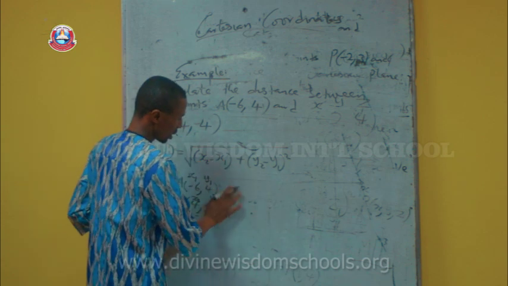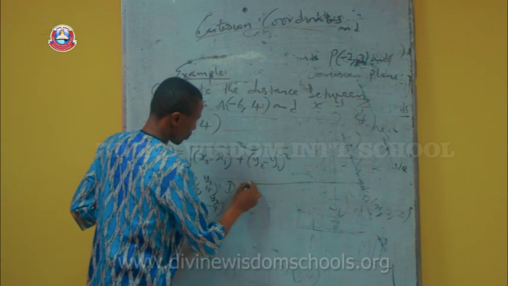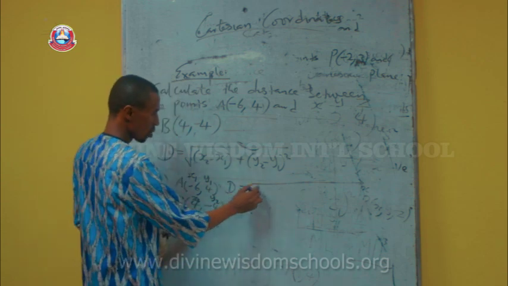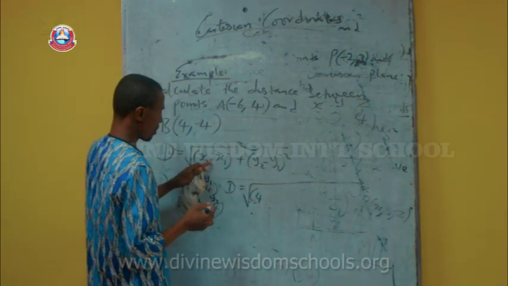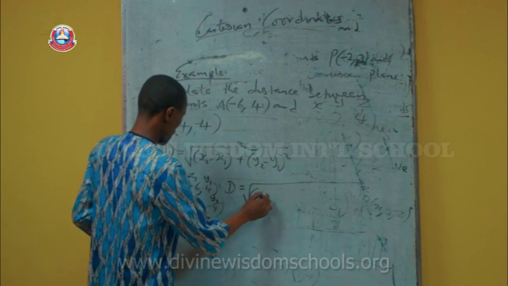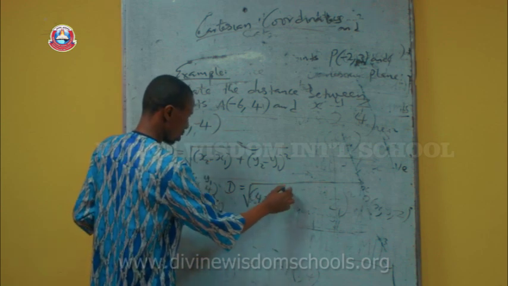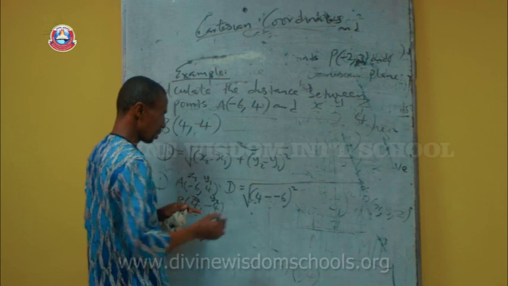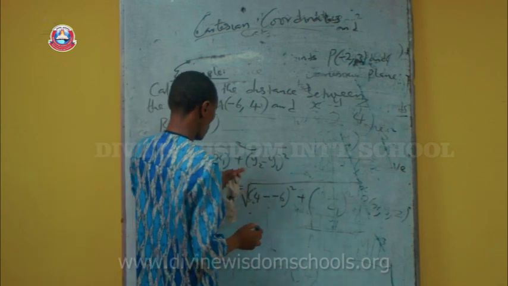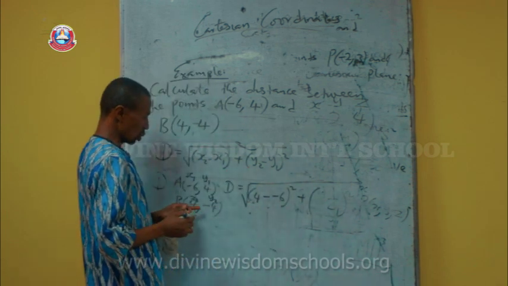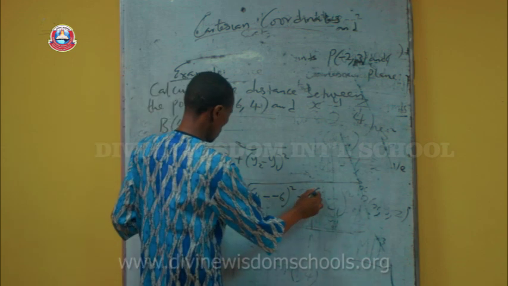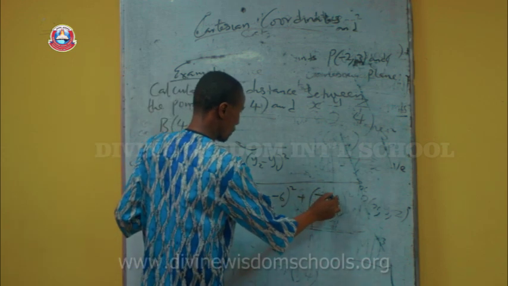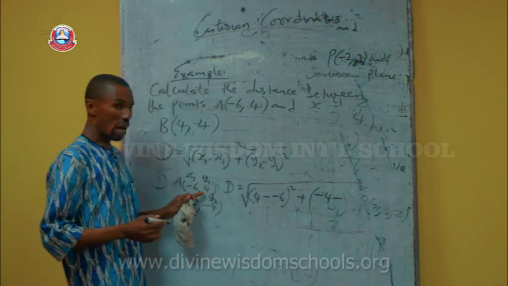So we have d equals the square root of first x2, we have 4, while x1, we have minus 6, so we have 4 minus minus 6 all squared. Then plus we have y2, y2 we have minus 4, so we put minus 4 here, minus, what is y1? y1 is 4.